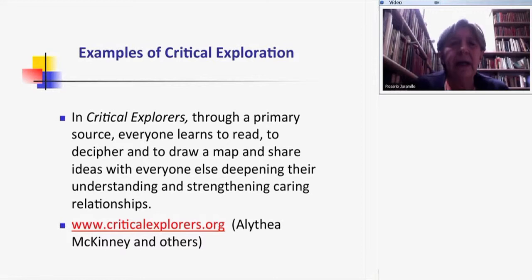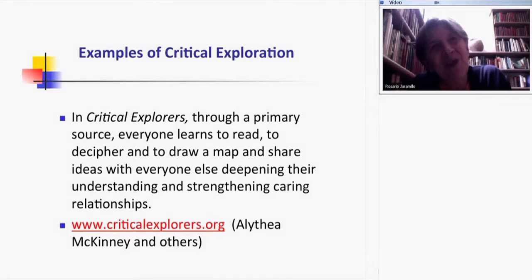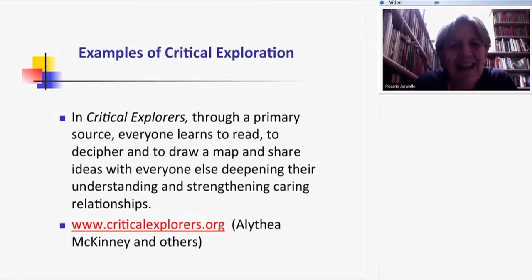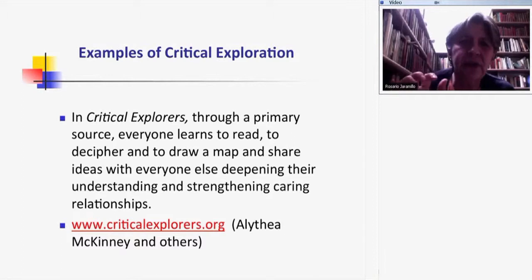There's a website called Critical Explorers.org that has been developed by Elena Duckworth and many of her colleagues, or former students that are now colleagues, that are working on classes that involve questions that the whole group is trying to solve together.